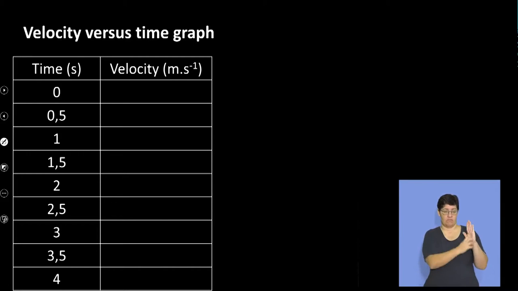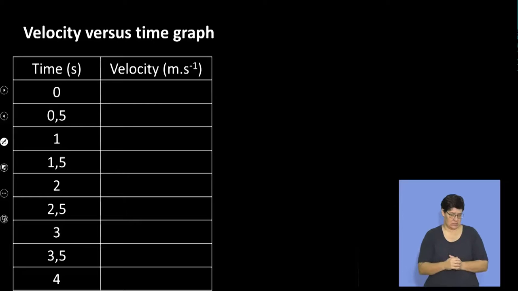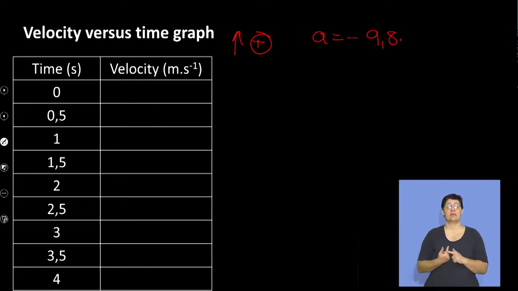What I have here is a whole bunch of times. We want an accurate graph, so I need to know what the velocity of the object is. We're going to take up as positive, okay? We're going to use that the whole way through, which means for me that acceleration is minus 9.8.